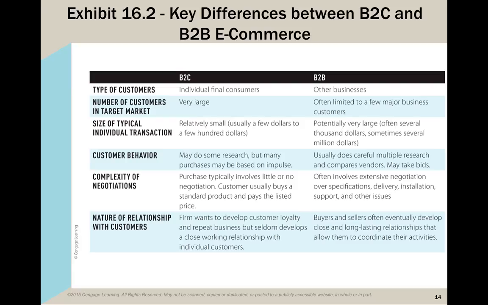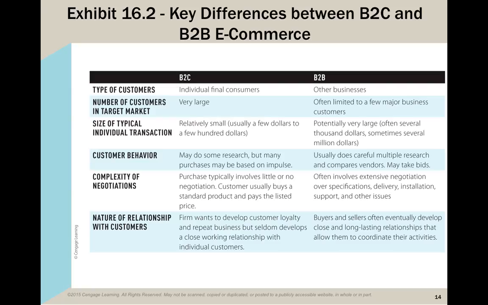The dollars that you're dealing with are very, very large, and typically in the millions. I wouldn't even stop at thousands. It's millions. Typically, businesses are using different research models, and they're comparing vendors. They might take bids. They're looking at trends within categories and what is new and upcoming.